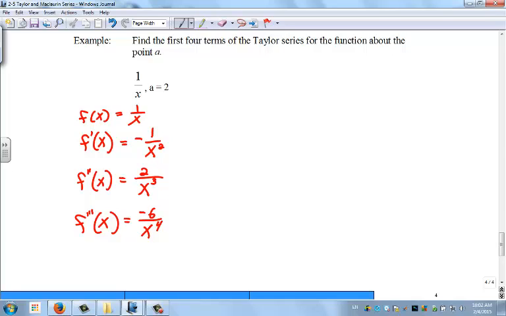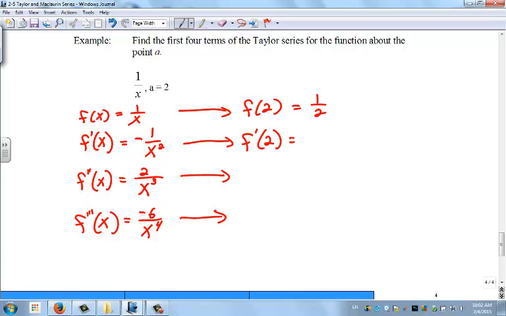All right, so now what we do is this is about a equals 2, so we need to evaluate this at 2. So f of 2 is equal to 1/2. F prime of 2 is equal to negative 1 over 2 squared, which is negative 1/4.